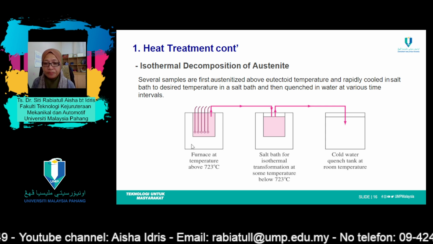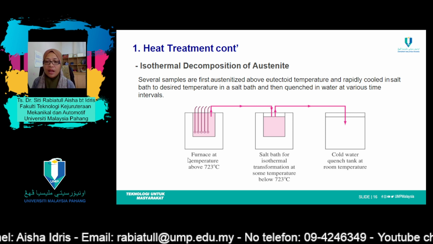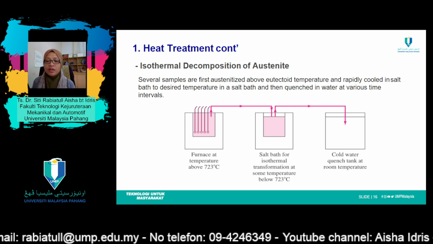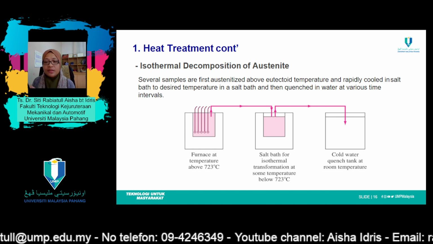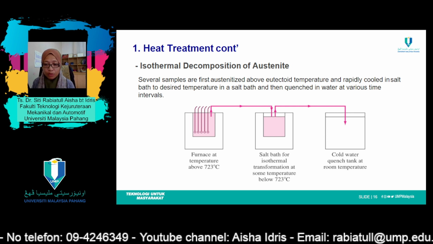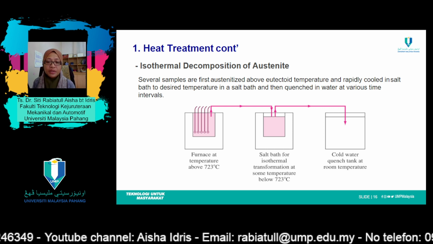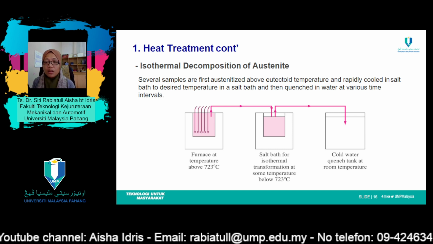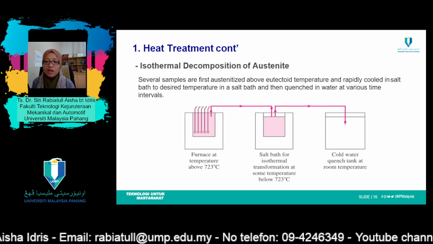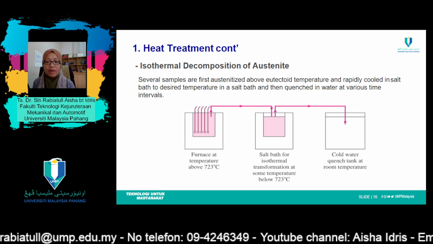For example, firstly, we heat the steel until it reaches austenite temperature, which is above 273 degrees C. Then the steel is placed in a salt bath for isothermal transformation, as they call it, at some temperature which has to be below austenite temperature. After that, hold it for a certain duration and move it to a cold water quench at room temperature. So this is called isothermal decomposition of austenite.